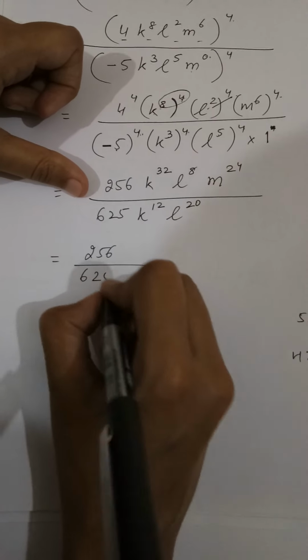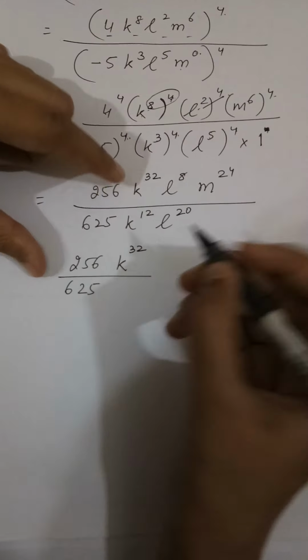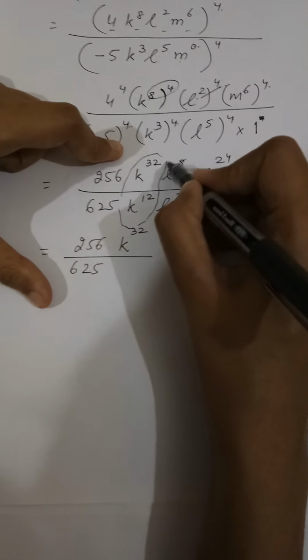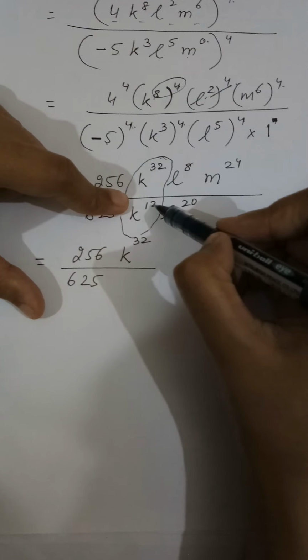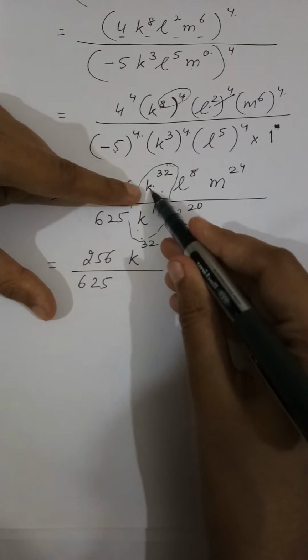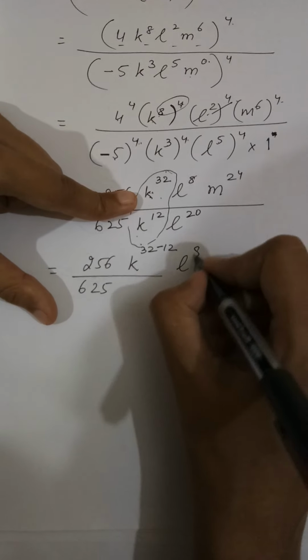256, 625 as it is. K to the power 32, and again you can see that the base is the same, so the powers are going to be subtracted because they are in divide. If they are in divide and the base is the same, we subtract the powers. L to the power 8.